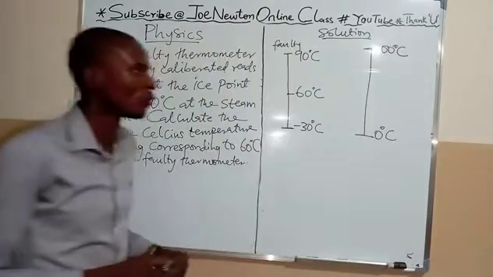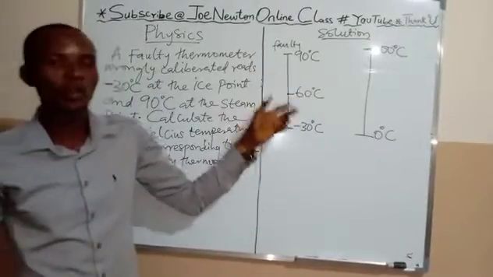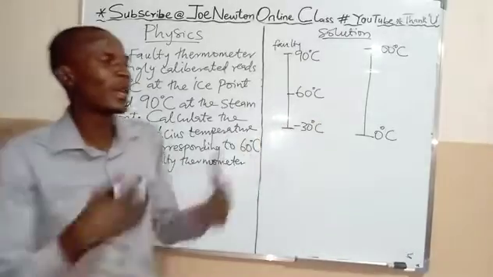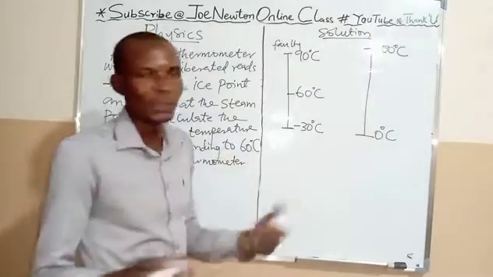Now the question asks us, what will be the true reading when this incorrect one reaches 60 degrees? So let's take the corresponding reading here to be T.